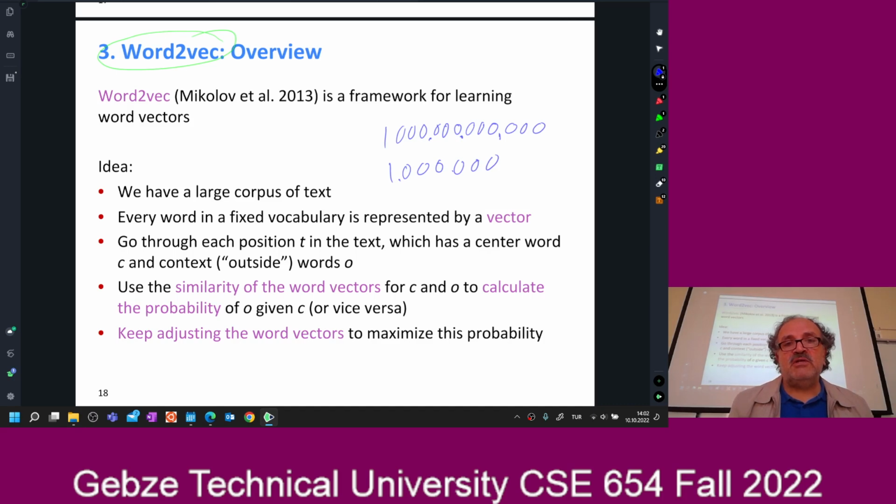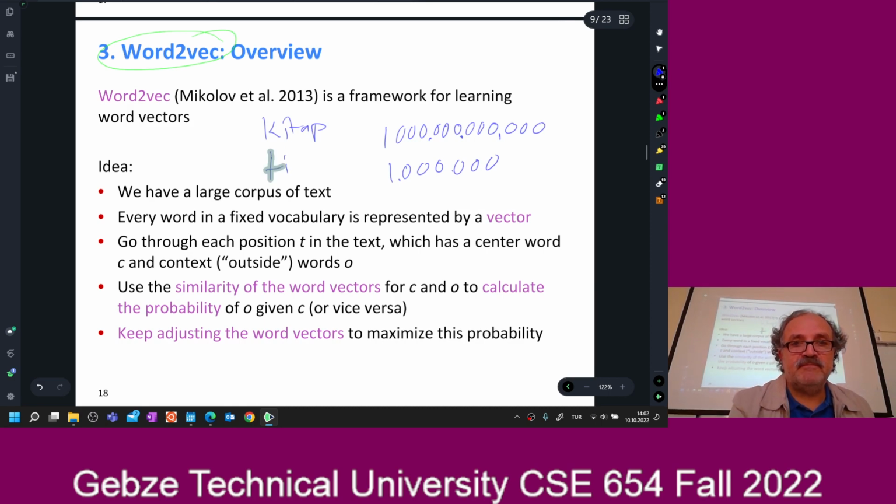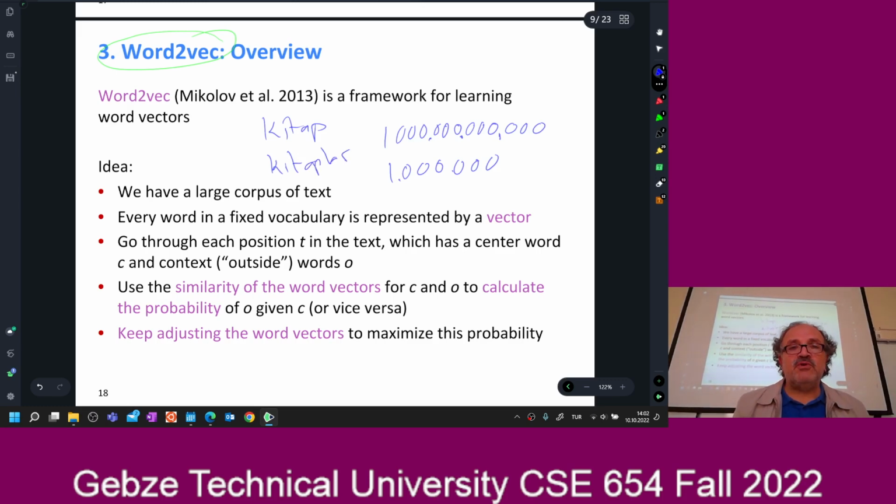So that means I will have a vector for kitap, another vector for kitaplar. The vectors for these two words are very, very similar. So if I do the dot product between them, I will get a large number.